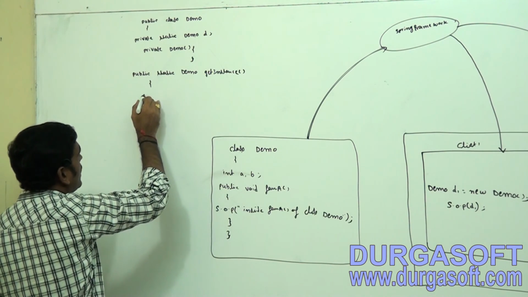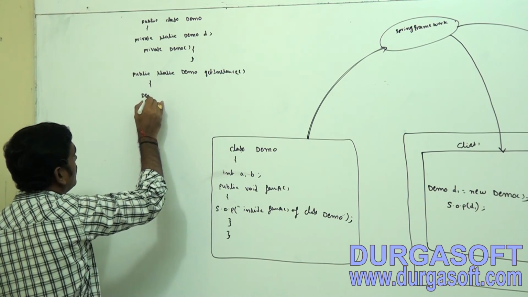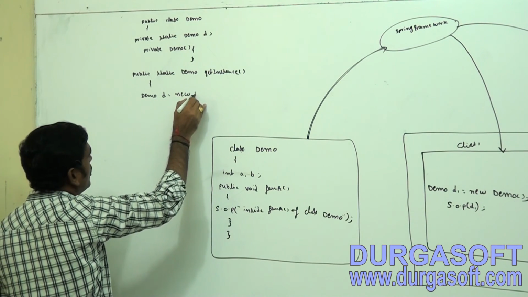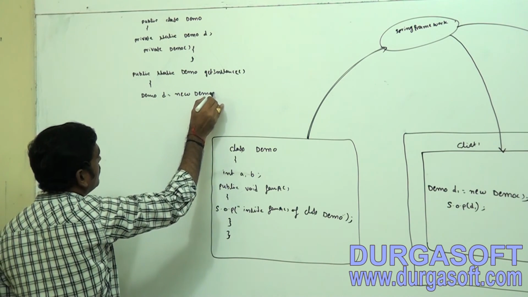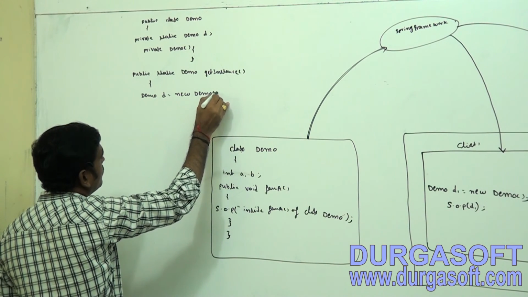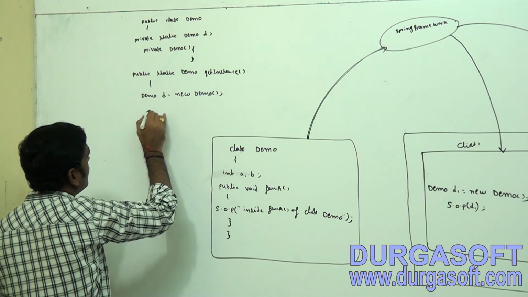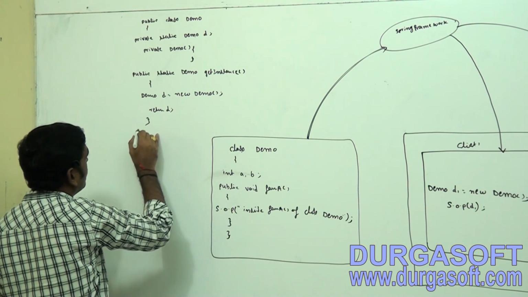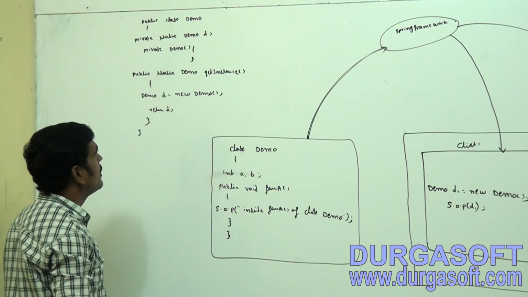After that, it creates Demo d is equal to new Demo. The next, after that, return d.